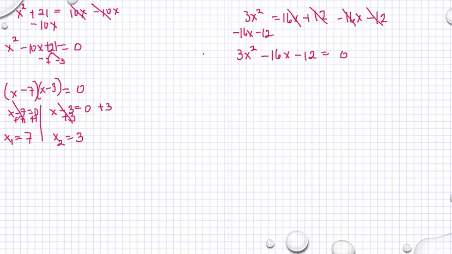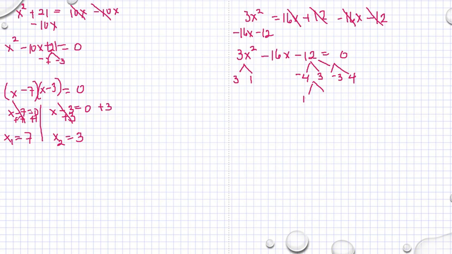What we need to do now is, we only have one set for the leading coefficient, that is 3 times 1. And for the constant we have 4 and 3, negative 4 and 3, or negative 3 and 4.